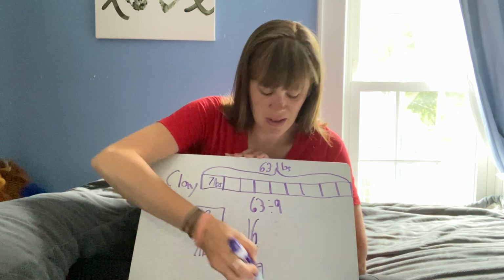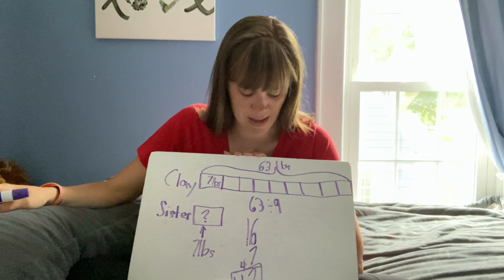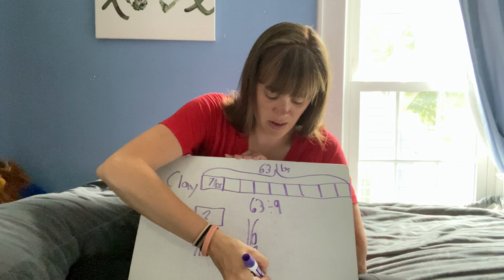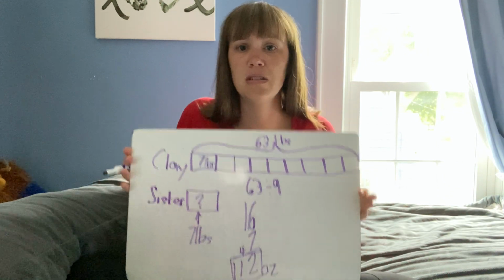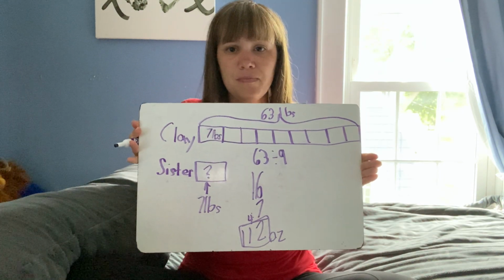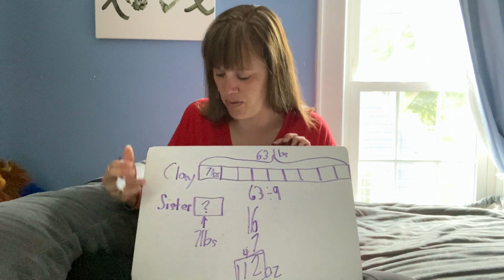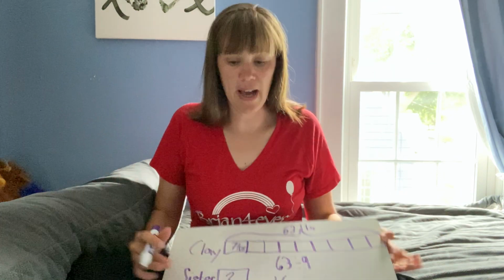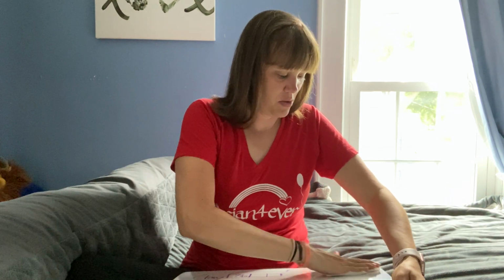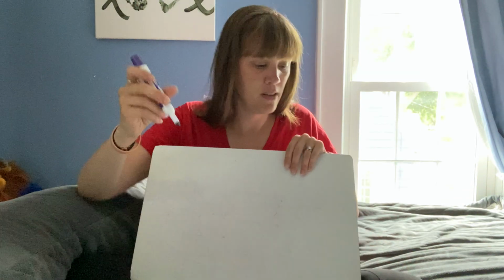So Clay's baby sister weighs 112 ounces. Oh, you can't see the bottom. That one was tricky because you had to realize that the baby sister weighed less. So you really had to think about that one in your head in order to draw the tape diagram. And a tape diagram was super helpful for sure.